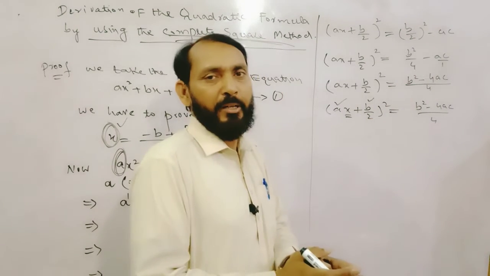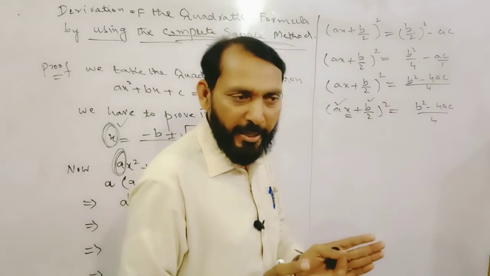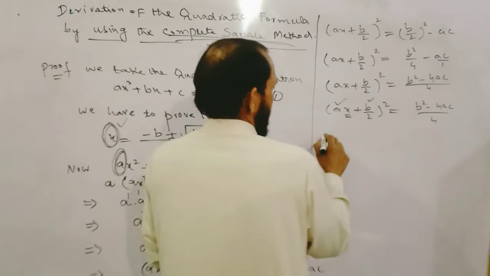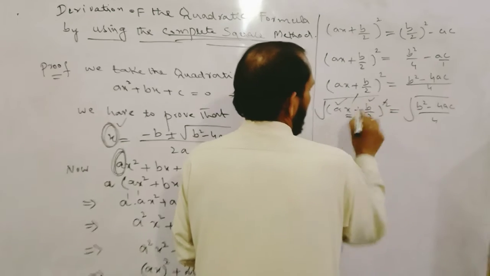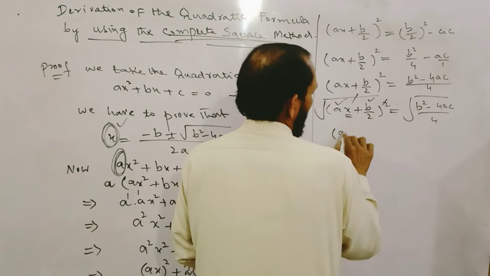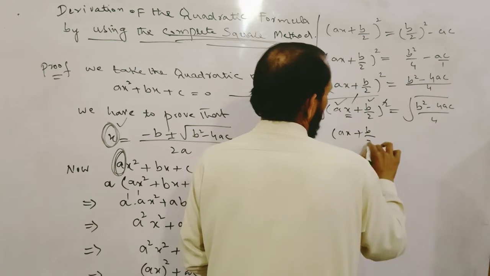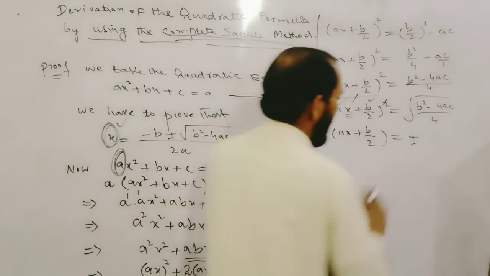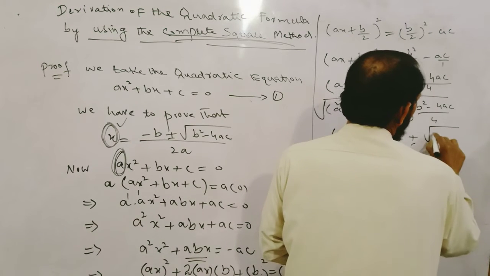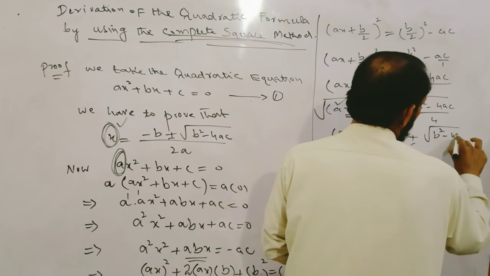Do you understand? So we take the square root on both sides. The square and the square root will be cancelled. You know, it is the law. Then we write the plus minus sign when we take the square root.